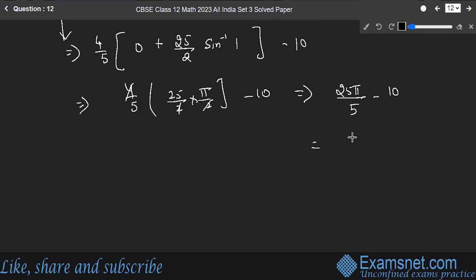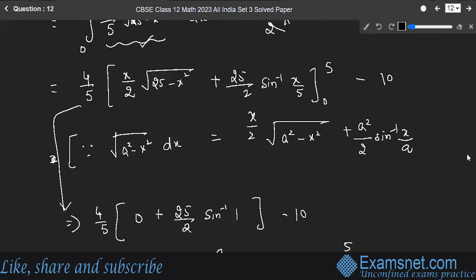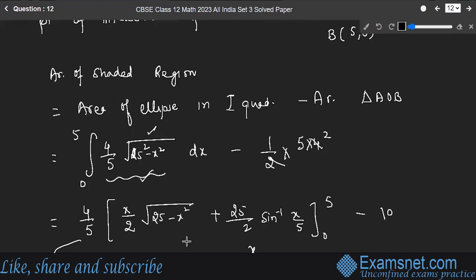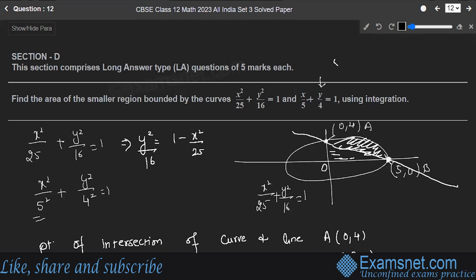So that's 5 pi minus 10 square units. So this is the answer to the question, 5 pi minus 10 square units. We have solved this using integration.